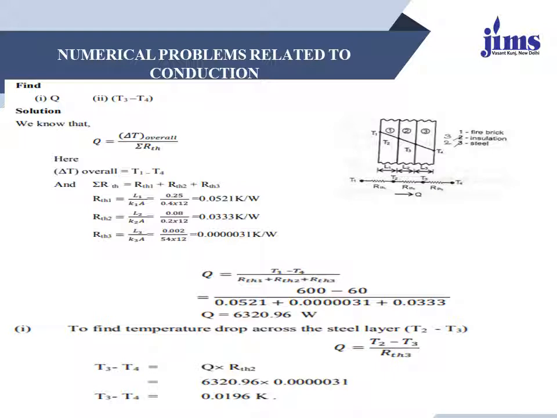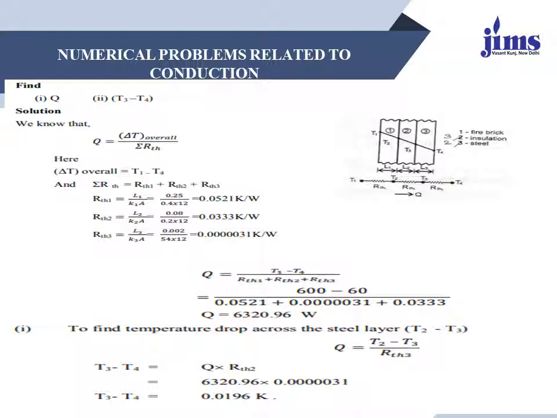Putting the values of L, K, A into the equations for R1, R2, R3, we get R1 equal to 0.0521 Kelvin per watt, R2 equal to 0.0333 Kelvin per watt, and R3 equal to 0.000031 Kelvin per watt.